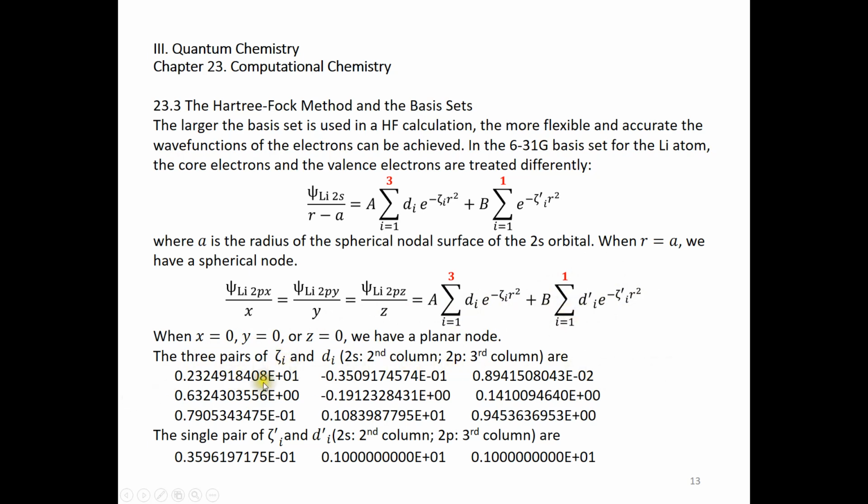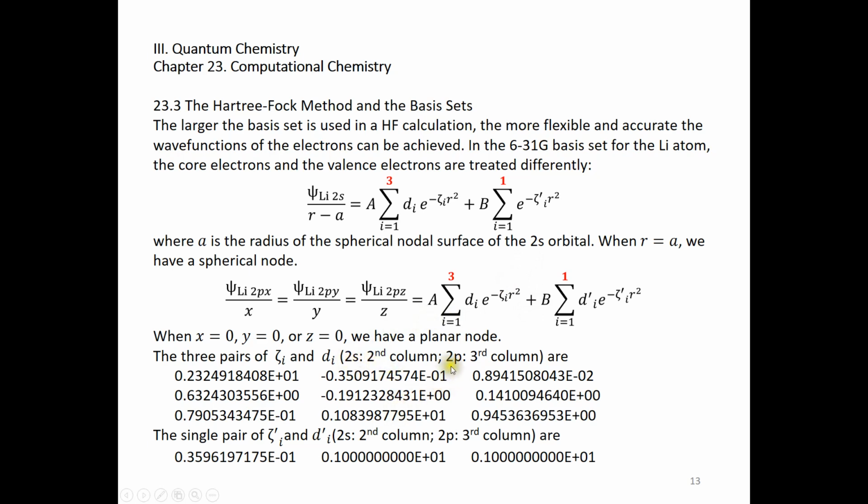Alright, so the zeta values are here for this combination, and the zeta value from this zeta prime is this. What about the coefficients in front of the Gaussian functions? For the 2s orbital, we use these three coefficients.